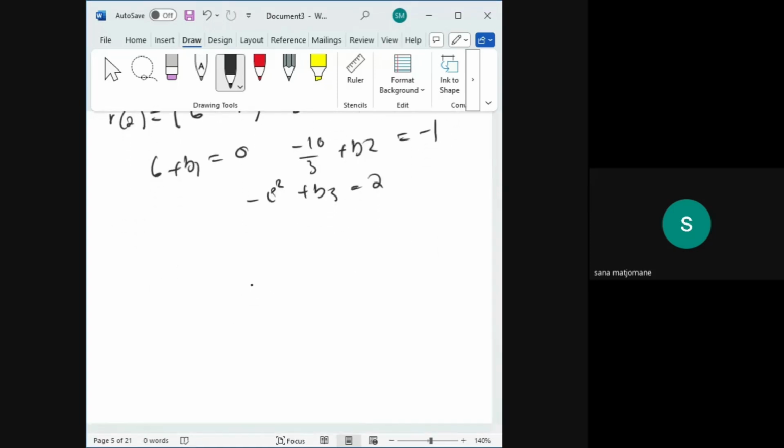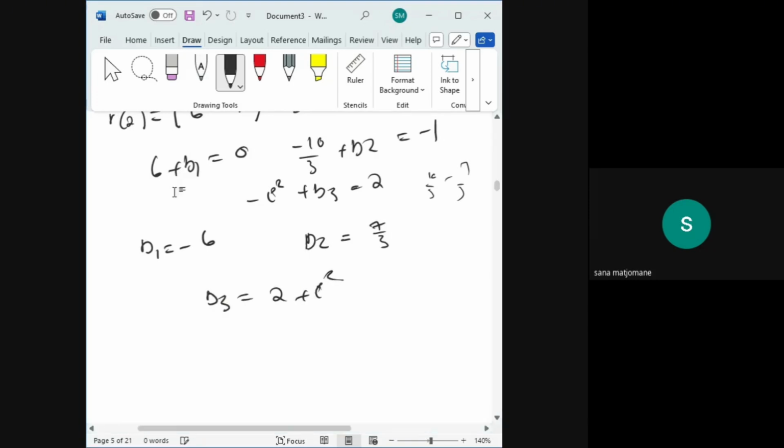So now let's solve. I see d1 is equal to negative 6. For d2, can someone press the calculator? 10 over 3 minus 1, how much is it? This is 10 over 3 minus 3 over 3, so this is 7 over 3. And d3 is just going to be 2 plus e squared.